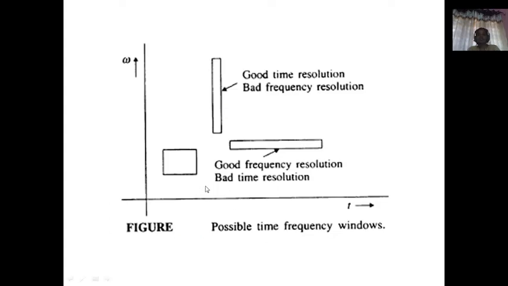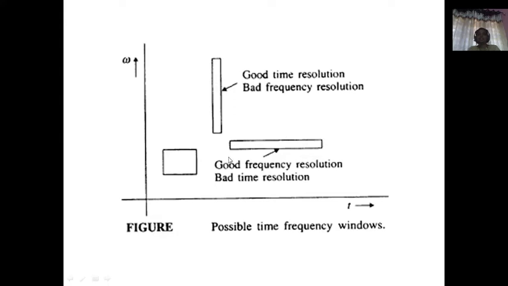A simple example: good frequency resolution, bad time resolution. As the time axis increases, we are not able to localize the time. That means a bad time resolution. Good time resolution means we observe a very short localized time, but the frequency components may be multiple frequencies, so bad frequency resolution. Heisenberg showed that the time frequency resolution is fixed, constant, just like a gain bandwidth product.